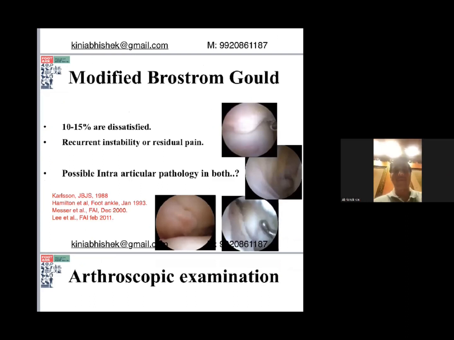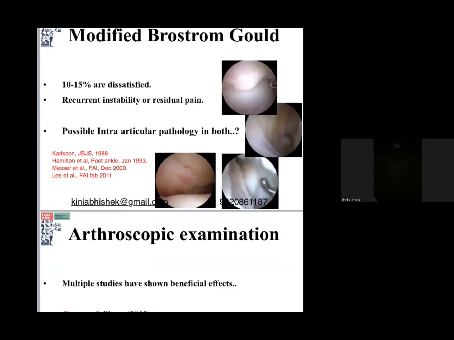And that opens up another chapter: are we missing any intra-articular pathology in these? A lot of papers have shown that there are intra-articular pathologies which can cause persistent pain, like impingement, loose bodies, osteochondral injuries, and meniscoid lesions in the anterolateral gutter.